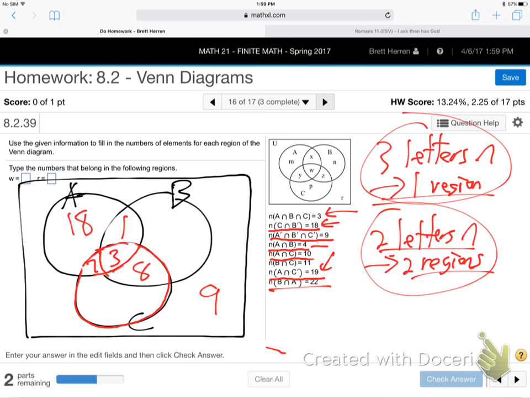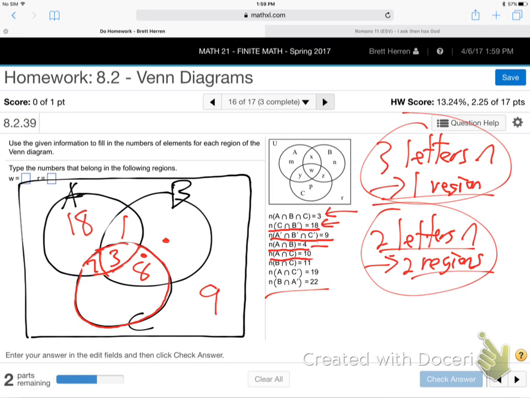Lastly, I can't even read it. What is that last one? B, overlap not A. Where is B? There should be two sections, two letters overlap, two sections. See if you can find it. You want the B in the not A territory. It's B outside of circle A, though. Those two, huh?